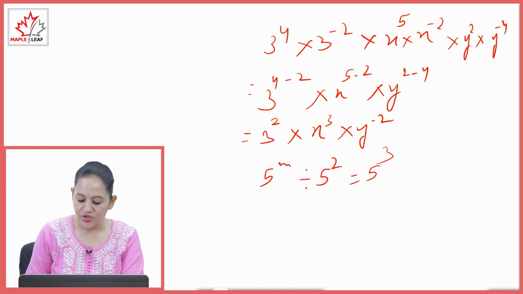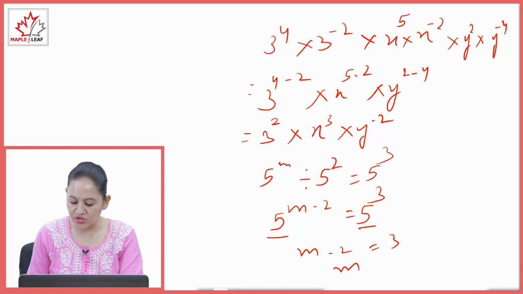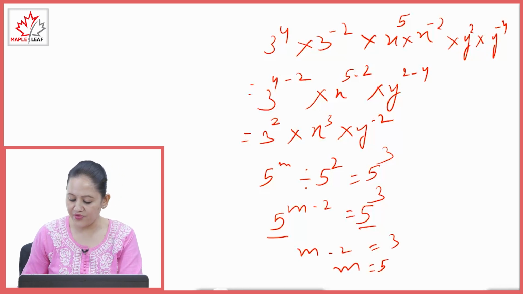Clear? So ये हो जाएगा 5^(m-2) that is equals to 5^3 because ये division में है. So now base is same, so we'll compare the powers. m minus 2 equals to 3. So m equals to 3 plus 2, that is equals to 5. Clear? So this is how we'll find the value.